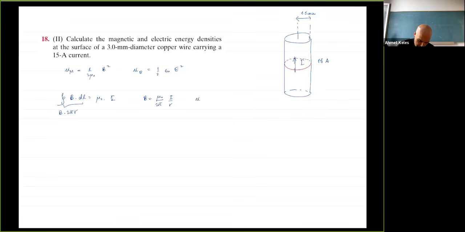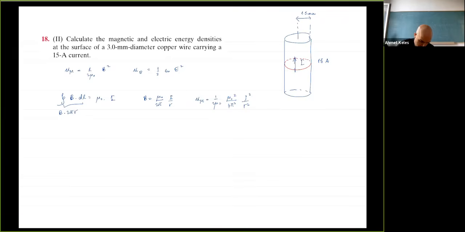Then magnetic energy density is going to be equal to 1 over 2 mu0 B squared, which is mu0 squared over 4 pi squared times I squared over R squared.